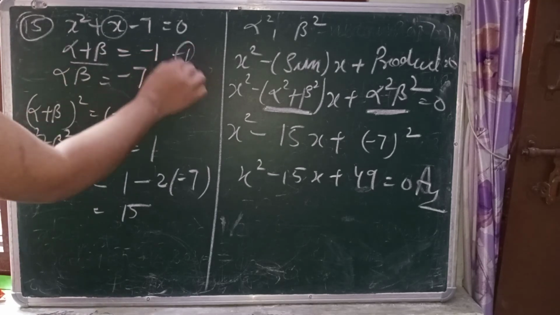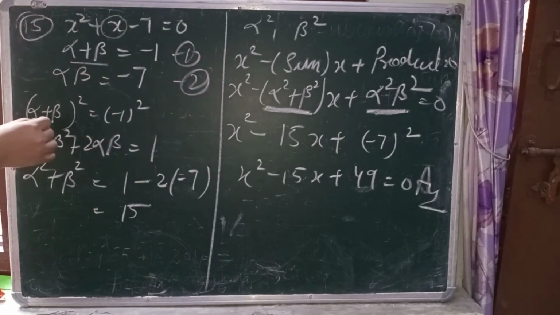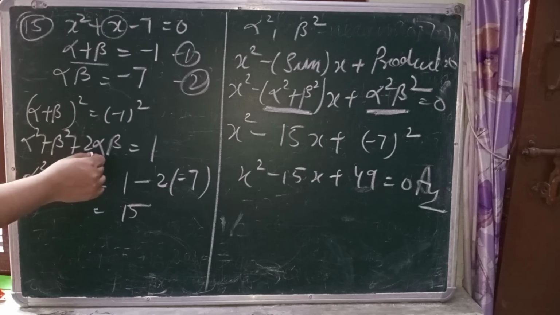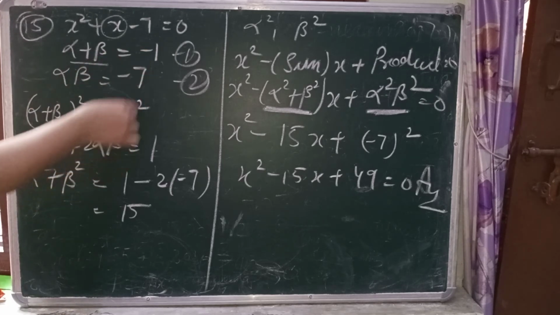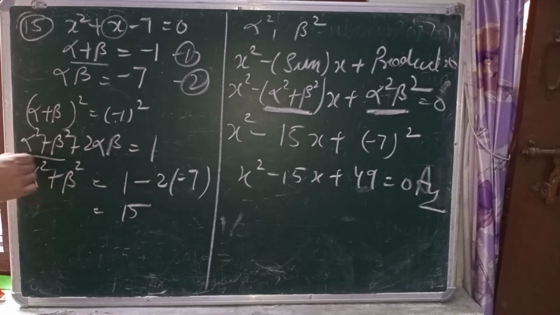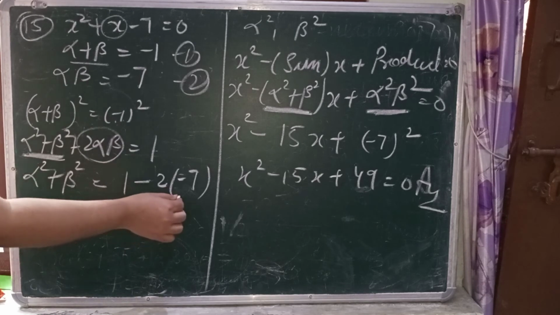These are the two values. Now I know alpha plus beta whole square is always alpha square plus beta square plus 2 alpha beta. So here I have kept the value of alpha plus beta, that was minus 1, so it will be 1. I want to get the value of alpha square plus beta square from this, so I have taken 2 alpha beta to the right hand side.